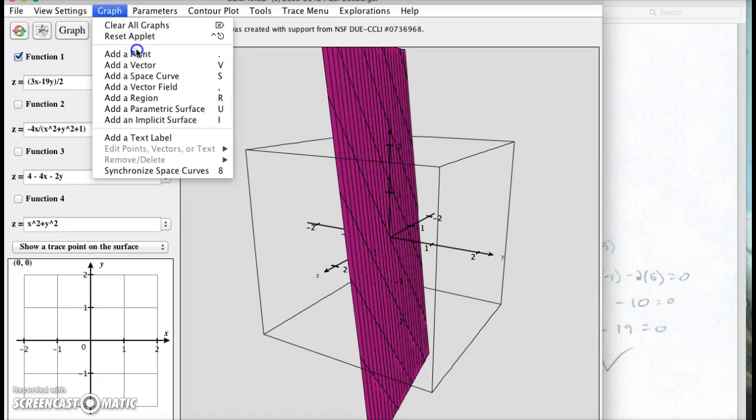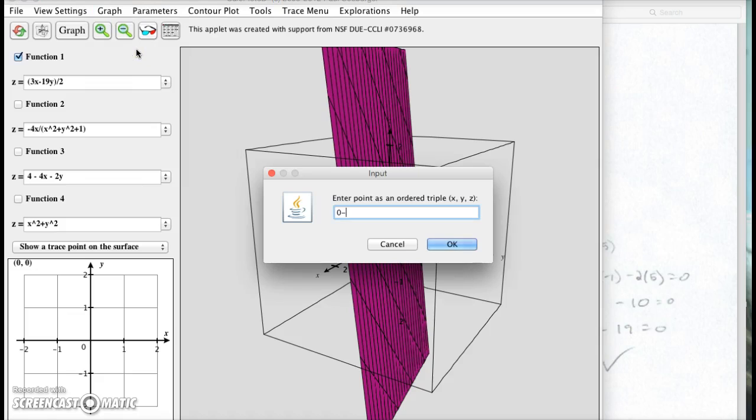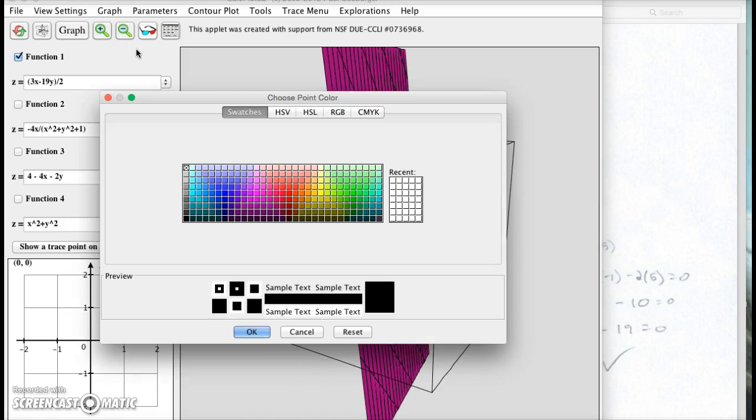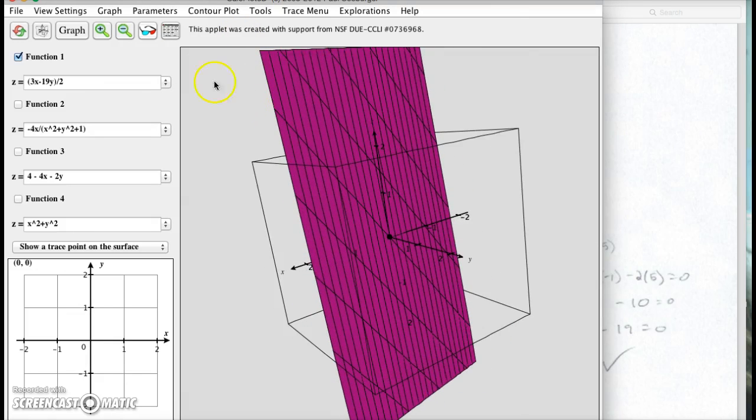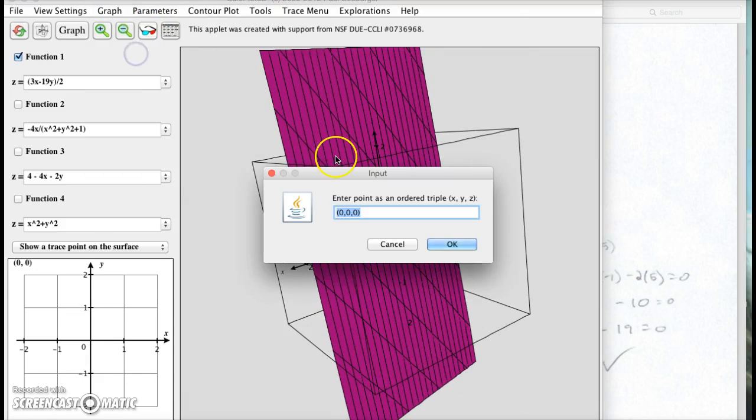So now you want to go to graph and you want to add your 3 points to make sure that they are all on the plane. So first I put (0, 0, 0). Size 4 is good, make it black. As you can see, that's the origin. That's clearly on the plane. So I'll add my next point, (2, 0, 3).